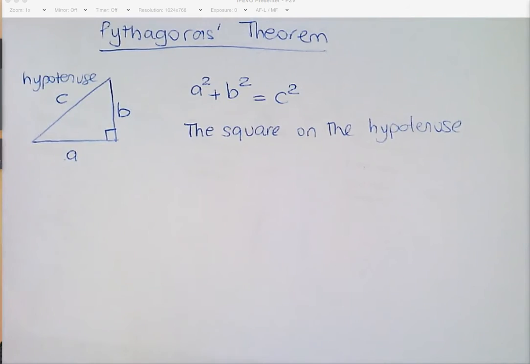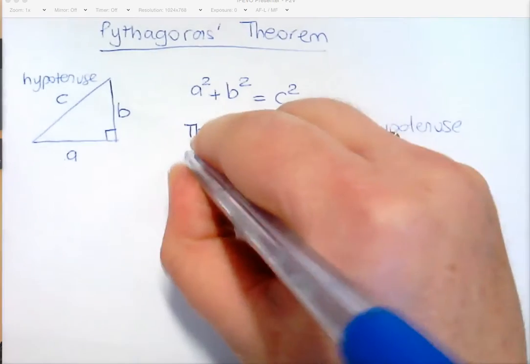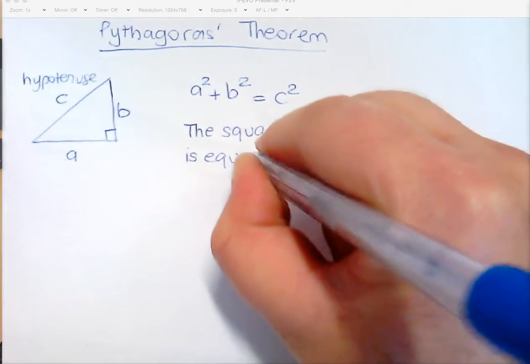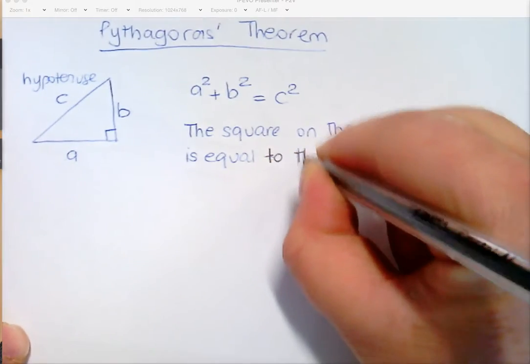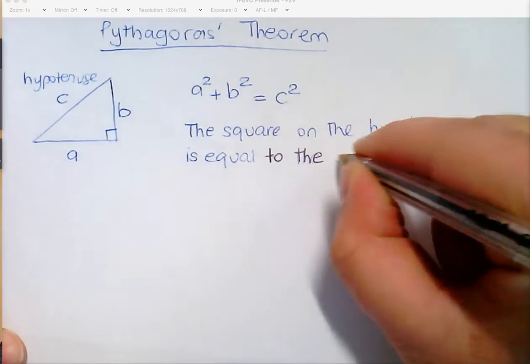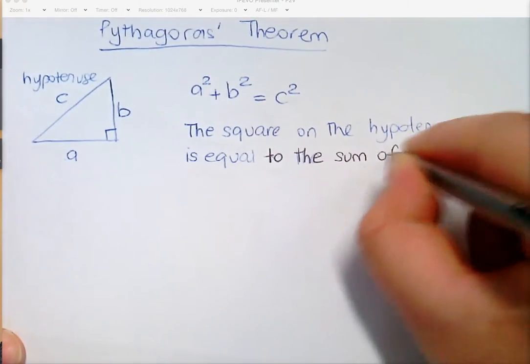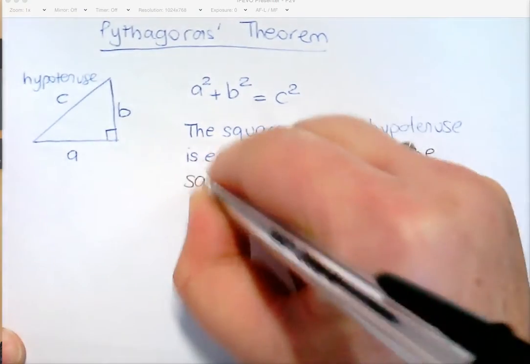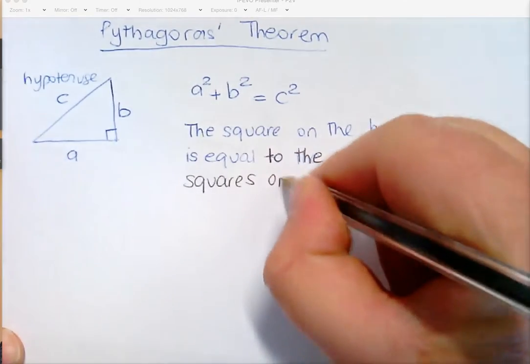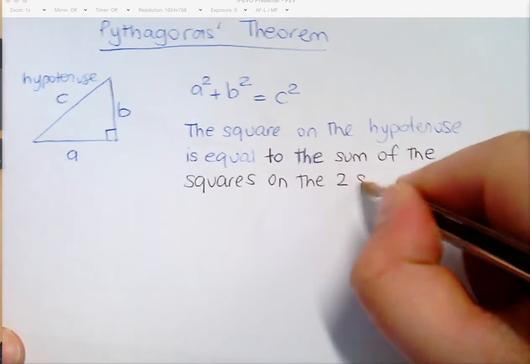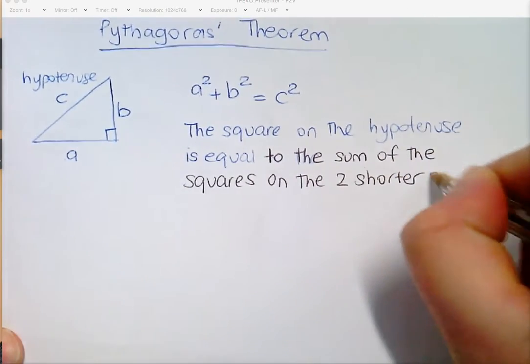The square on the hypotenuse is equal to the sum of the squares on the two shorter sides.